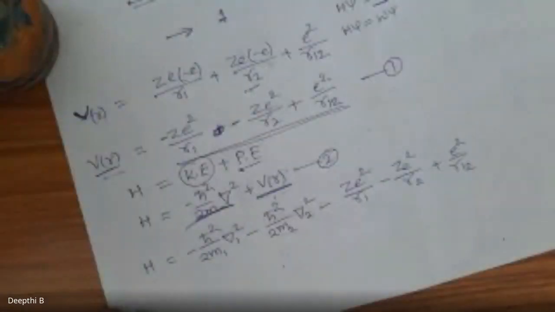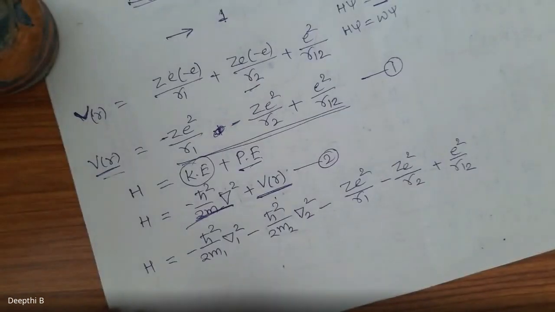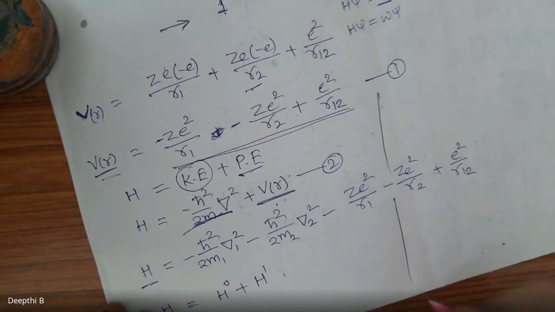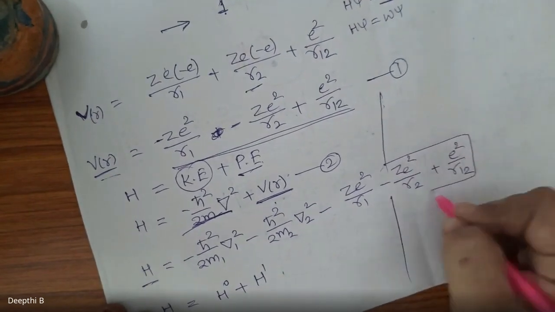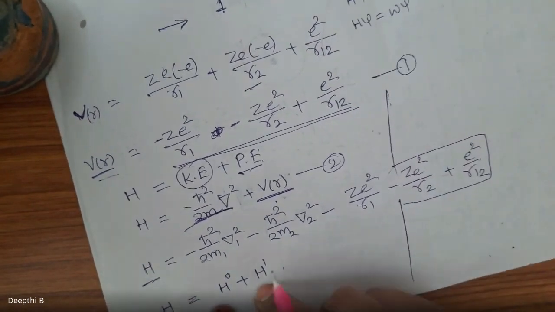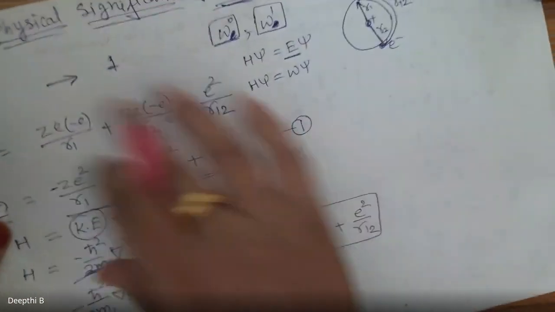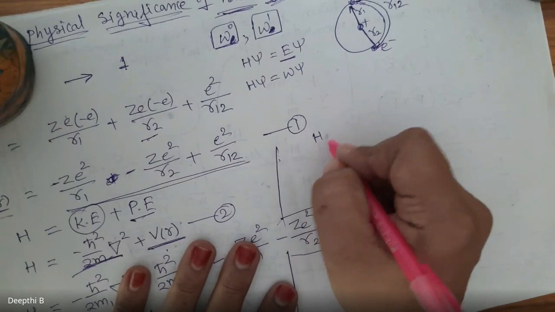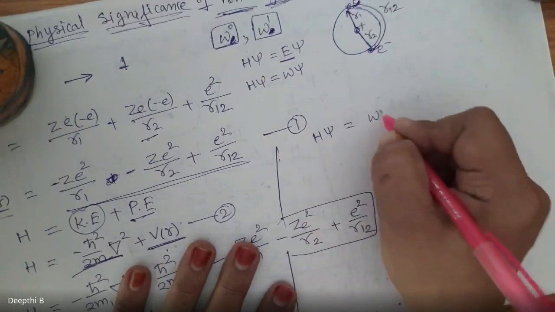Now the Hamiltonian H is equal to H naught plus H prime. First they take the Schrodinger wave equation, H psi is equal to E psi, but we are taking H psi is equal to W psi.